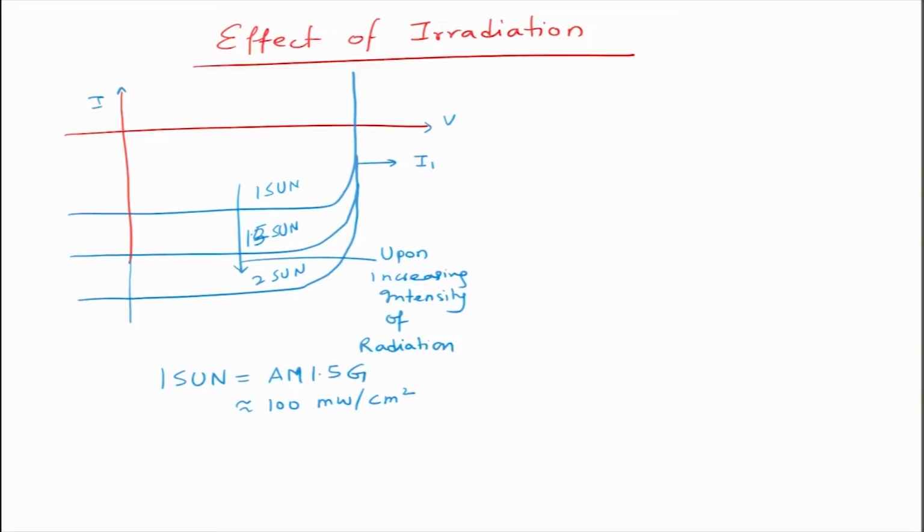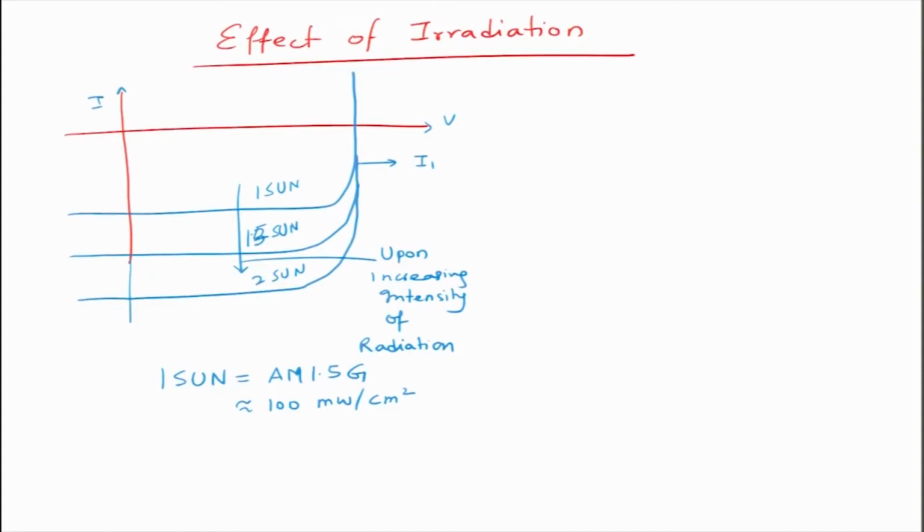Ideally it should show double the increase in the current. VOC will not change much; there will be some change because VOC is a function of current, but there is not a huge change seen in VOC.